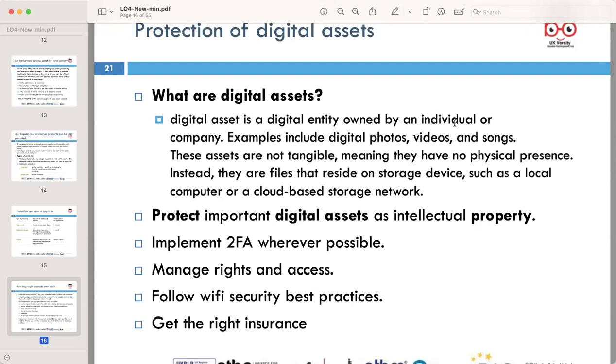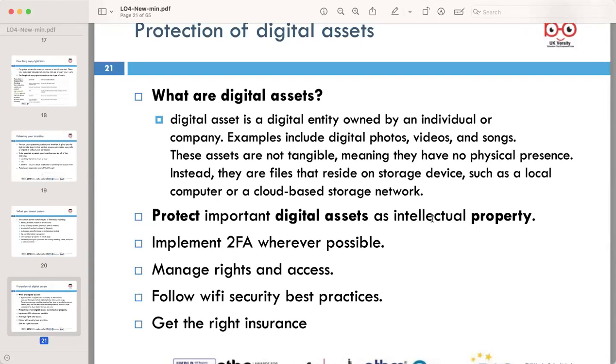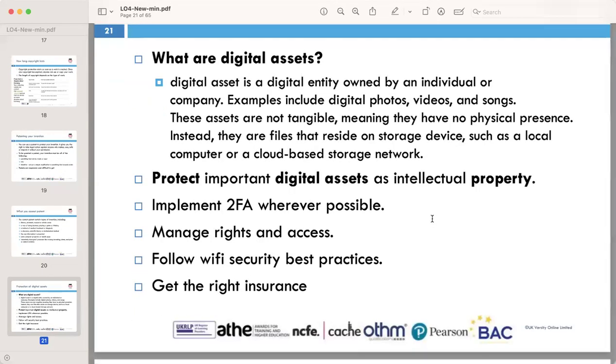Safeguarding these assets as intellectual property is essential. Implement two-factor authentication, or 2FA, wherever possible, manage rights and access, adhere to Wi-Fi security best practices, and obtain the right insurance or recommended measures to ensure the protection of these valuable digital assets.